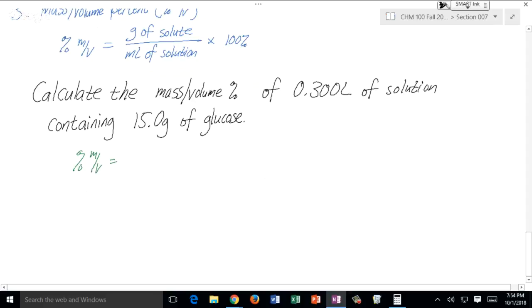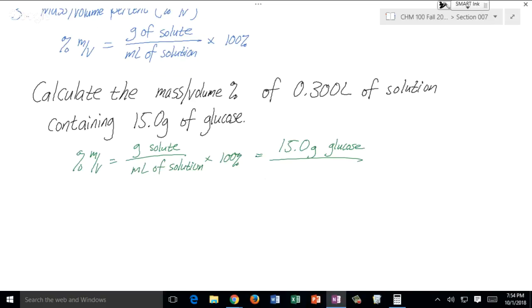Percent mass by volume is the grams of solute divided by the milliliters of solution times 100%. So in this case, that's going to be 15 grams of glucose. And then our solution here is given in liters, so 0.3 liters is how many milliliters?